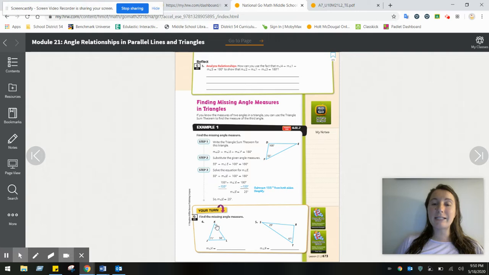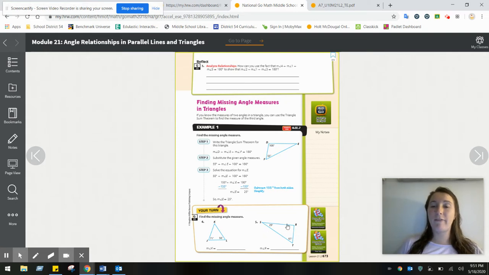In order to find the missing angle K, I'm going to take away 127 from 180 to get a total of 53. If I add those together, 71 plus 56 plus 53, I should get a sum of 180, which is correct.